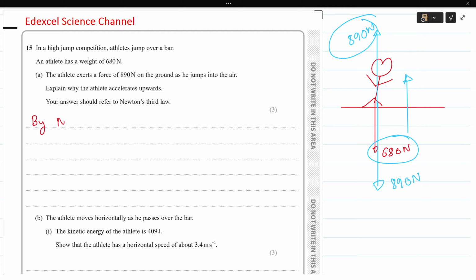Now, if we want to write the answer, we can just write that by Newton's third law, the ground will exert an upward force of 890 newtons.